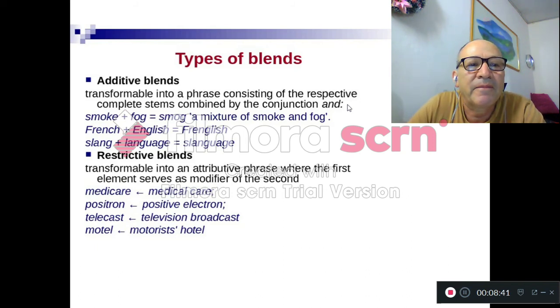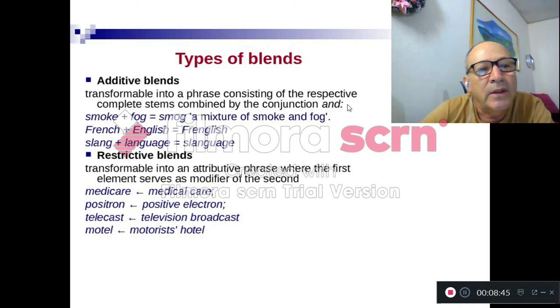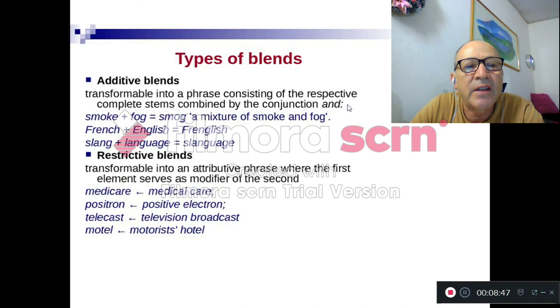Types of blends. For now, we have two types, additive blends and restrictive blends. What do additive blends mean? It is transformable into a phrase consisting of the respective complete stems combined by the conjunction and.